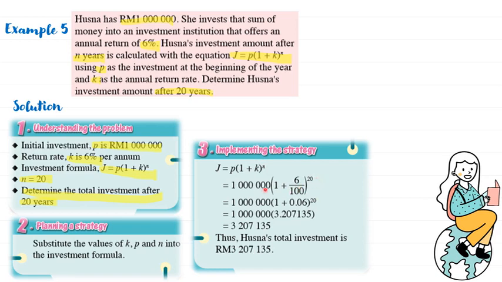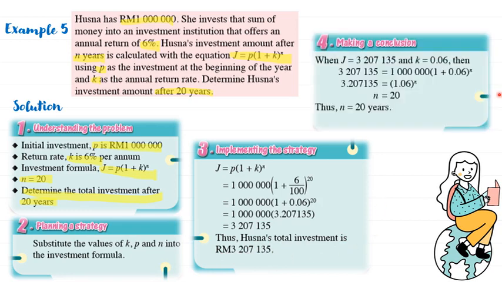After 20 years, you can press the calculator and you will get the answer as 3,207,135. So Husna's total investment after 20 years is RM 3,207,135. And making a conclusion means that you can check your answer.